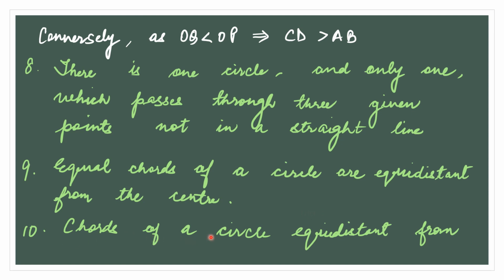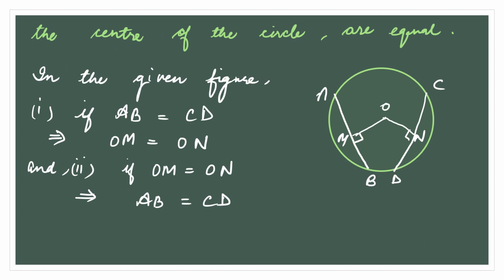Chords of a circle equidistant from the center of the circle are equal. Chords which are equidistant from the center of the circle, like this, means OM and ON are equal.